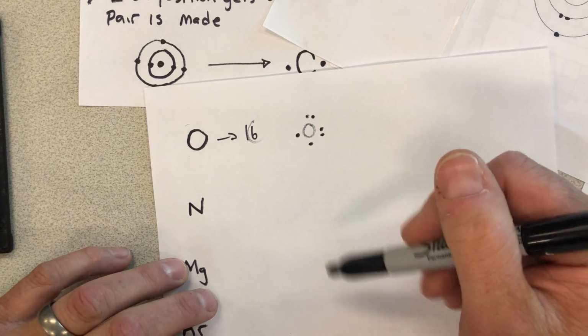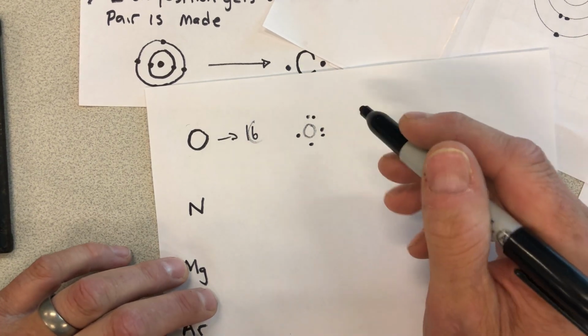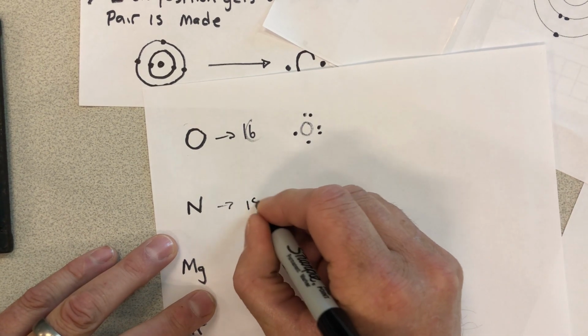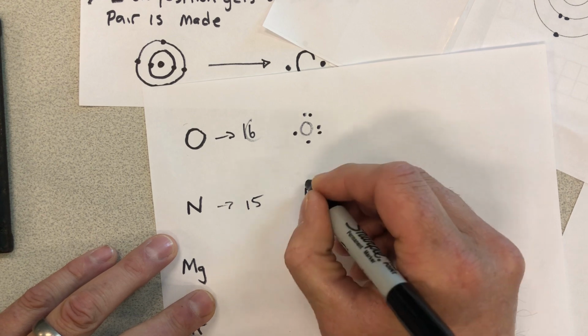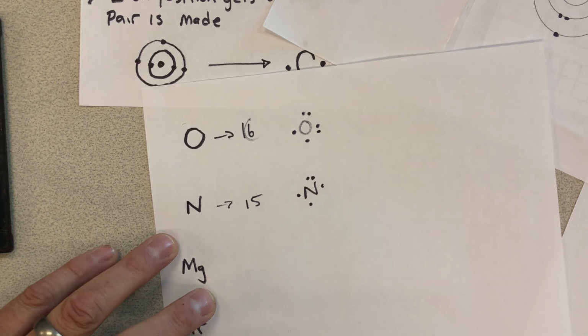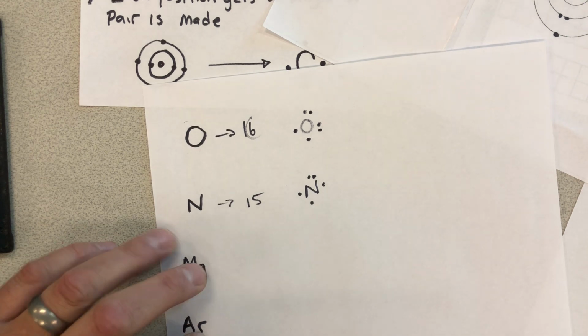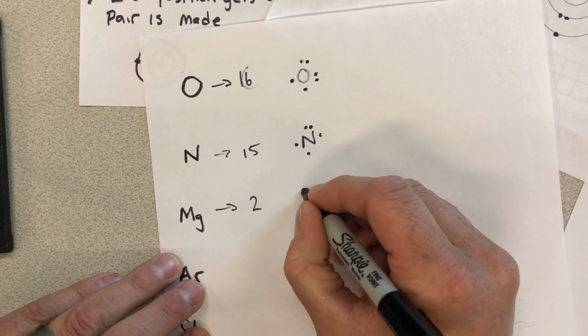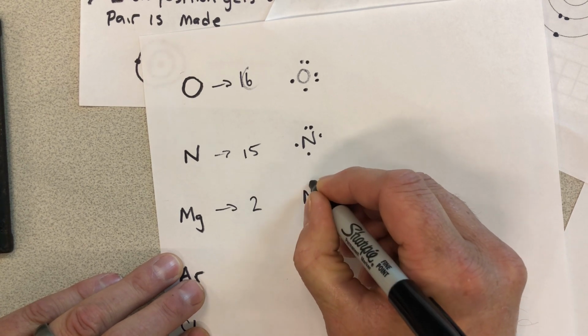For a maximum total of 8. And that's reserved for the noble gases. Nitrogen is in the 15th column, so we take our symbol, 1, 2, 3, 4, and 5. 1 pair and 3 singles. Magnesium is in the 2nd column, so its symbol just gets 2.